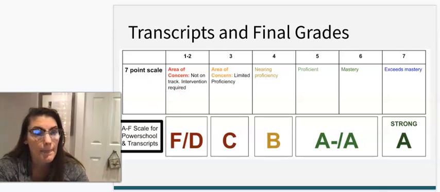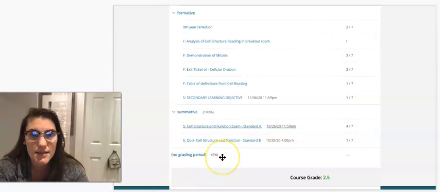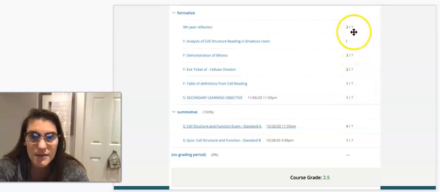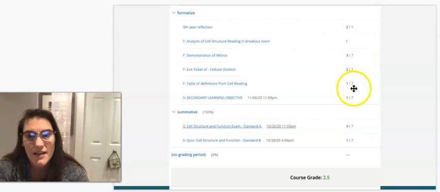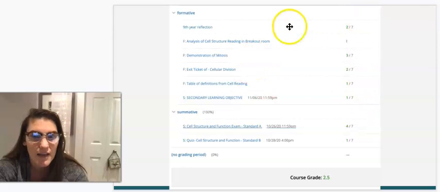If we look at another student, this is Molly. You can see that Molly is progressing in her formative work. She's getting some 2s, her formative practice. She's getting 2s and 3s and some 1s. None of that calculates into the final grade.